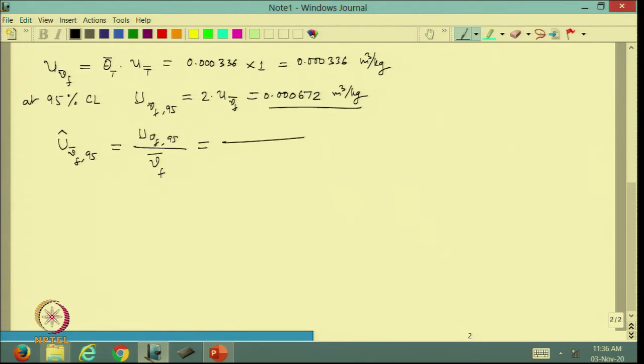So, it will be this value in the numerator divided by what we had earlier, the mean value 0.015147, and you calculate this, this turns out to be 0.044 or 4.4% is the uncertainty. Then we can make a decision. Is this big? Is it acceptable? Is it too small? And for that you have to look at what is the application for all of this.